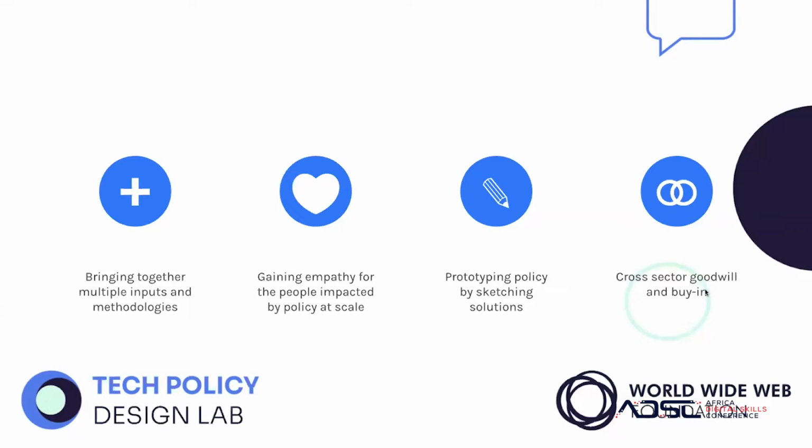And the brilliance of the Tech Policy Design Lab approach is that these 4 key components are in constant engagement with each other. It's not sequential. It's not like you use different methodologies throughout. You think about the users throughout. You are thinking about the solutions throughout the project.